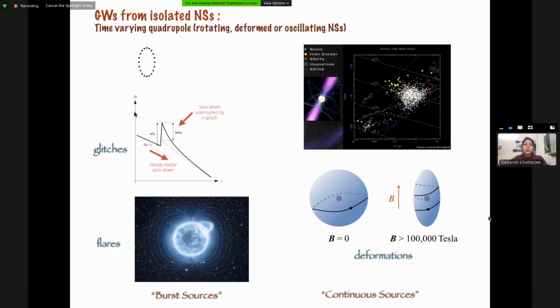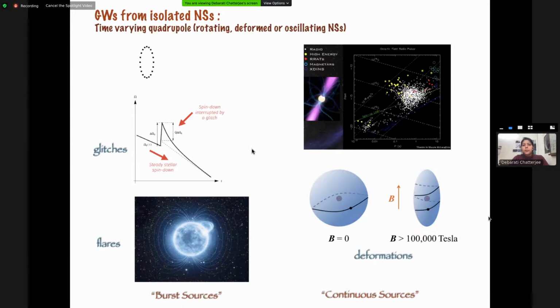However, there are certain features seen in rotating neutron stars. These are called glitches in the rotation period, which means that there are sudden jumps, and then the neutron star goes back slowly to an equilibrium configuration, slowing down again smoothly. This kind of glitch would result in what is called a burst source of gravitational waves.